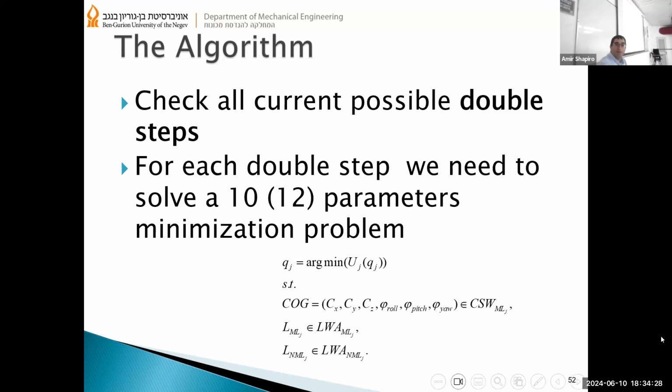For each double step, we need to solve a 10 parameters minimization problem, where we want to minimize the effort U, such that we maintain equilibrium and all the legs are within their workspace.